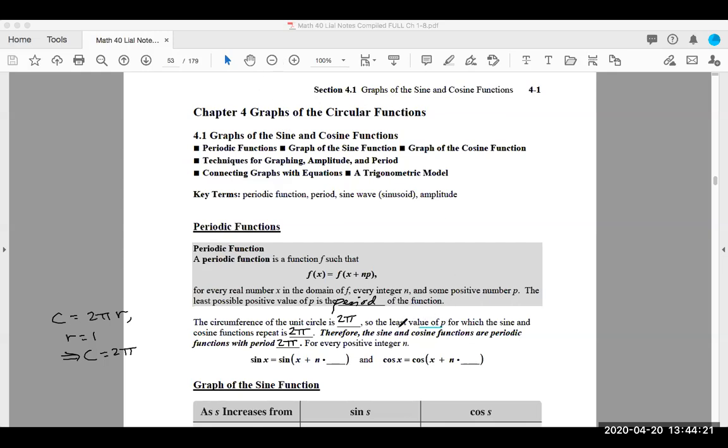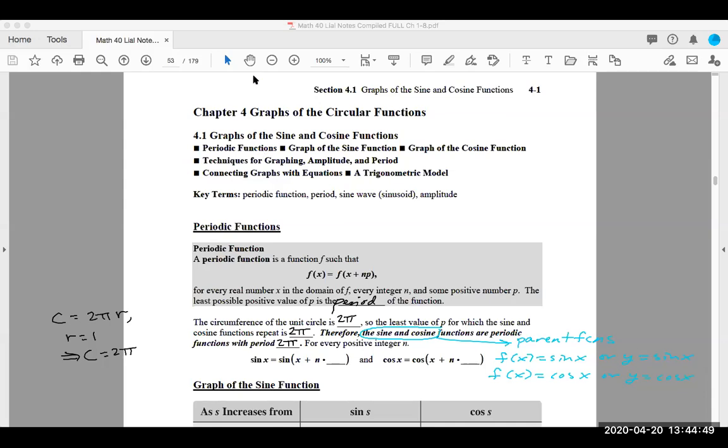Sine and cosine parent functions would look like f of x equals sine x, or y equals sine x, and f of x equals cosine x, or y equals cosine x.